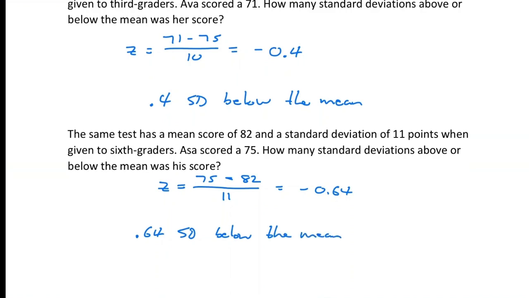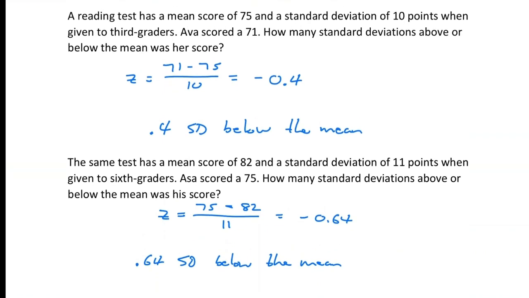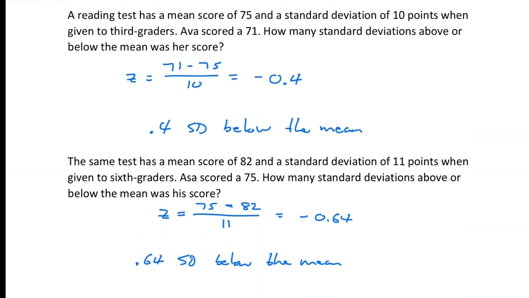One of the things that z-score is very useful for is in a situation like this where we're comparing apples to oranges, but we still have a similarity that we want to look at to see who actually performed better. If we look at Ava's score, the third grader, she scored a 71. Asa, the sixth grader, scored a 75.